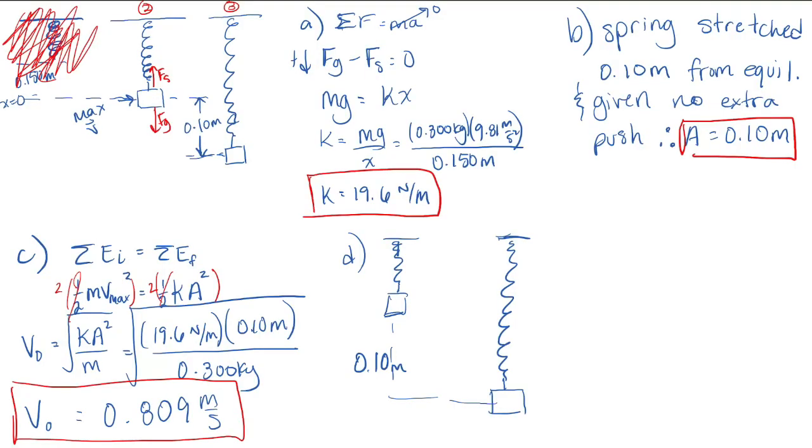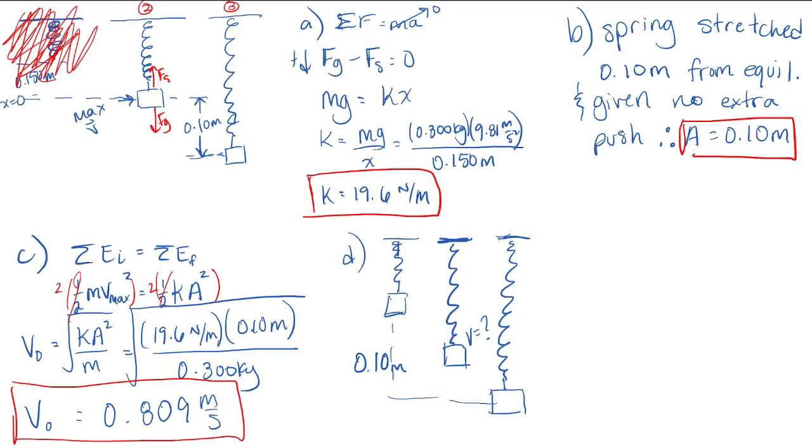It's asking for the velocity when the mass is 0.05 meters, so it's actually asking for the velocity that's halfway in between these two. So at this point, what's the velocity? What's really important about visualizing that is that we're not at an equilibrium or at an extreme.